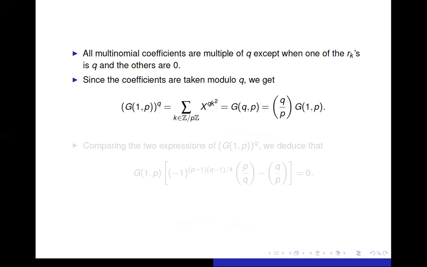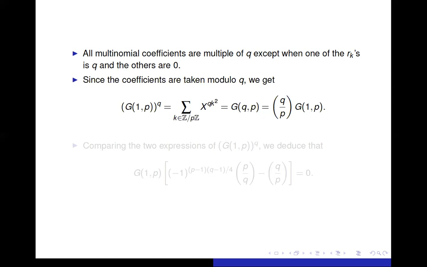So what happens is that when we reduce modulo q, because we work in a ring where we reduce the coefficients modulo q, we get that the q-th power of the Gauss sum is in fact just the sum of x to the q k squared. And then it's the Gauss sum g(q,p). And then it's Legendre of q over p times the Gauss sum g1p.